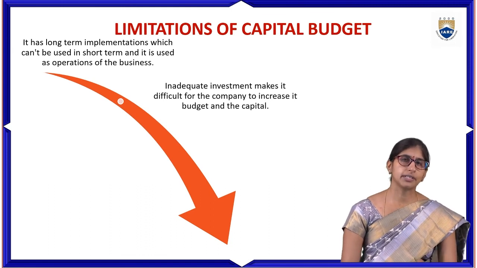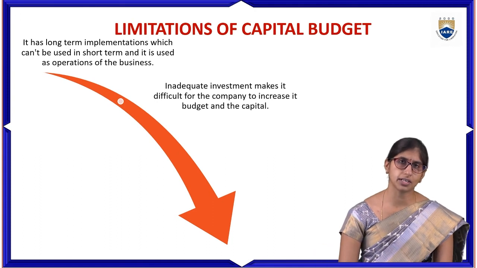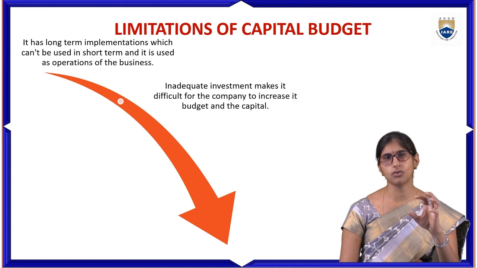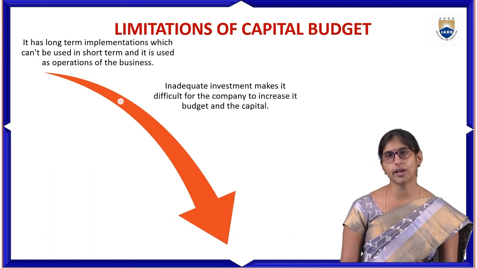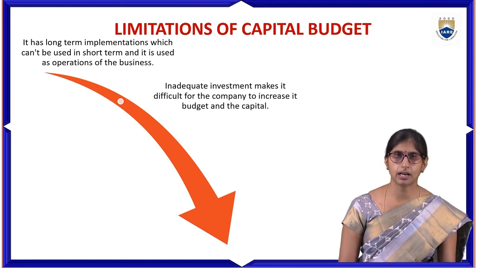And sometimes we do see inadequate investment makes it difficult for the company to increase the capital budget, because already we are blocked with a certain amount of capital. Some amount of capital is already there, and that capital has to be budgeted.